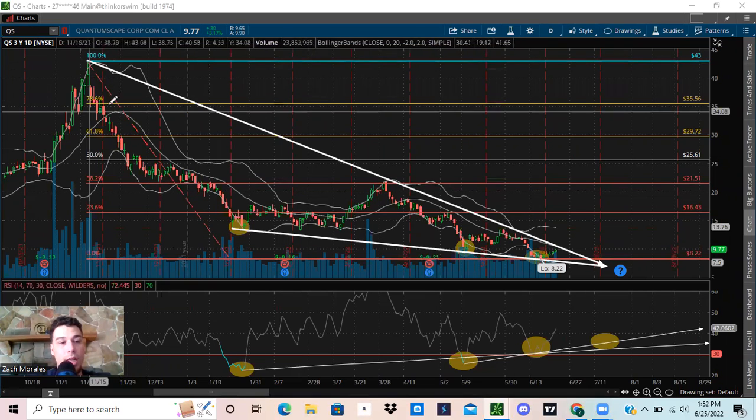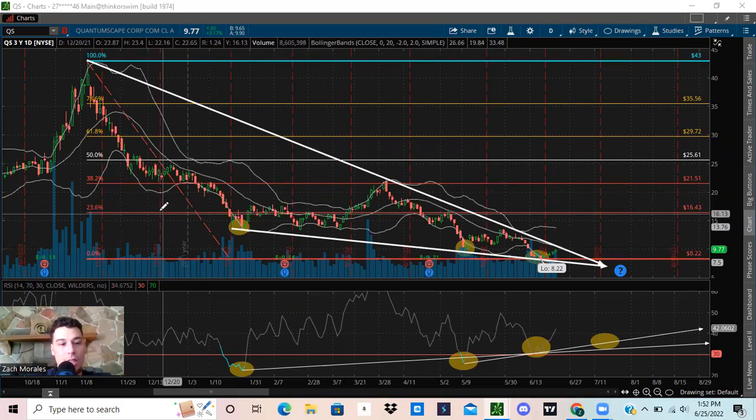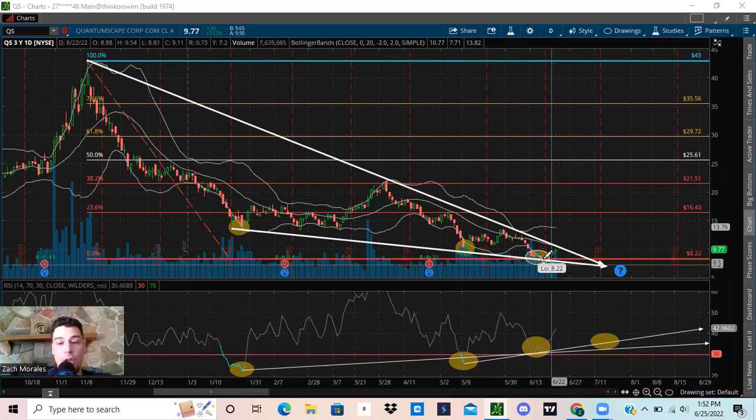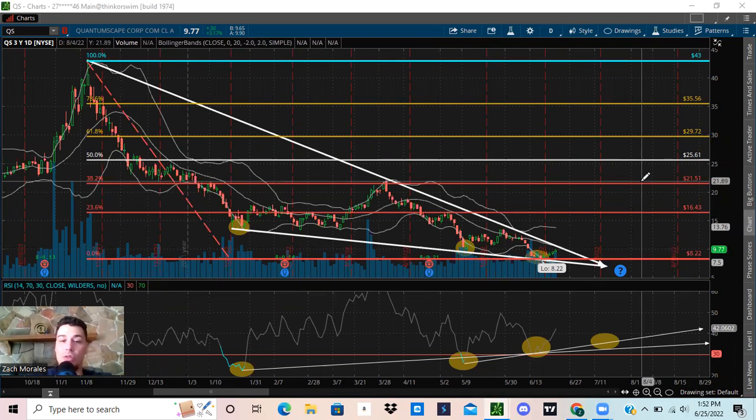And the way the fibs work is, these levels essentially down here, the 23.6 and the 38.2, are going to be some very, very strong resistance levels, because we fell all the way down to the 0% here. The 1643 and 2151 are going to be some major resistance levels for us.